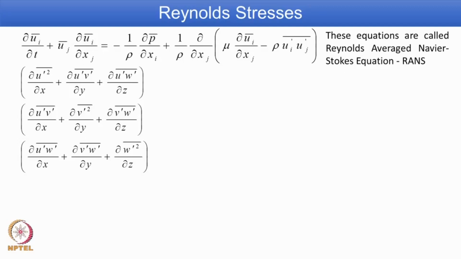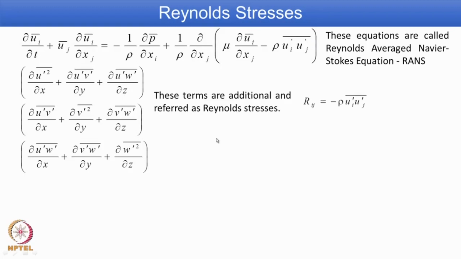In the expanded form, that is by substituting values for indices i and j and following the guideline for index notation, we are able to write the details of each term as shown here. These terms are additional in the Navier-Stokes equation and they are referred to as Reynolds stress terms.